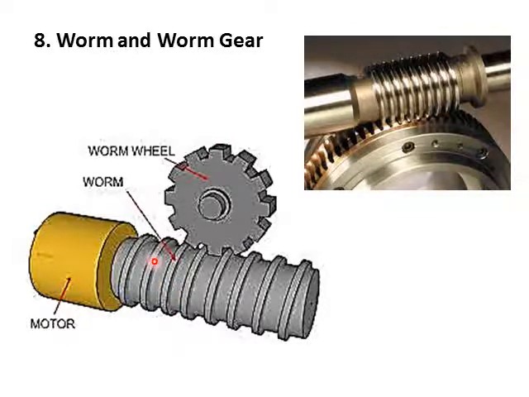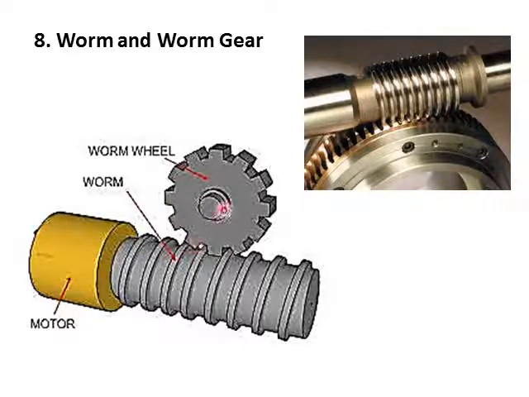The worm gear attached to the motor rotates, and the worm wheel attached to the driven shaft is also rotating. So you are transmitting power from the motor to the driven shaft via rotation.